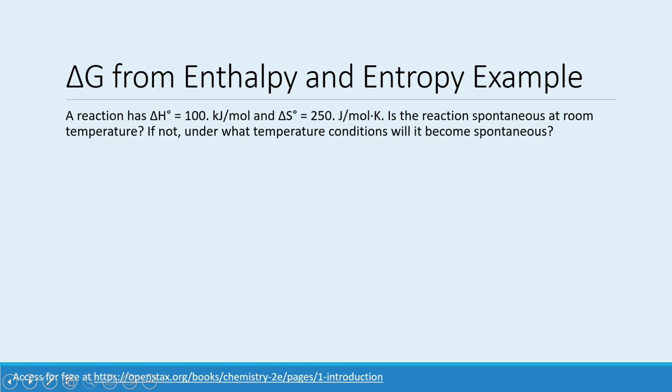Is the reaction spontaneous at room temperature? So basically what they're asking is, is delta G less than 0? Okay, is it negative? And room temperature is going to be 25 degrees Celsius.